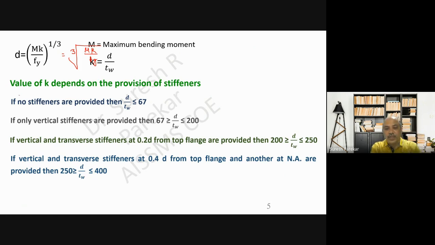So we have to consider these different stiffeners and accordingly solve this. This will be at the neutral axis, means I can say this is 0.5d. Likewise, we have to go for this.